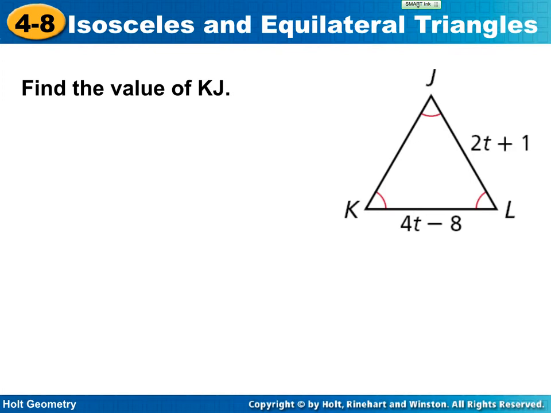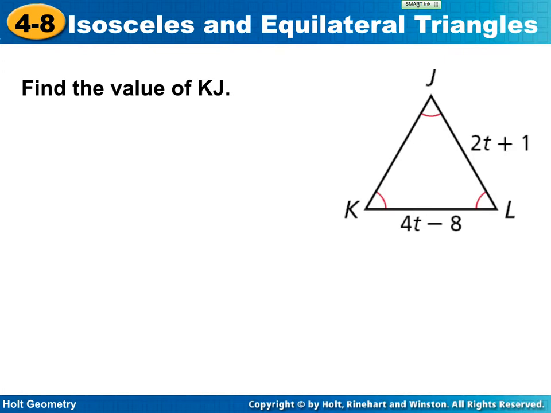Notice I gave you side measurements. It's not the side lengths that have to total 180 degrees. The angles have to add up to 180. So what you need to do on this one is go 2t plus 1 has to equal 4t minus 8. All right, did we get it right?